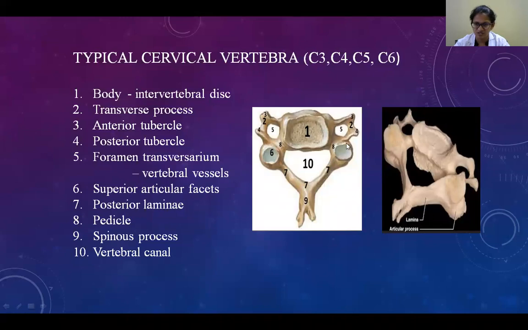This is the transverse process: anterior root, posterior root, anterior tubercle, posterior tubercle. In between the two tubercles is a bar, the costotransverse bar.